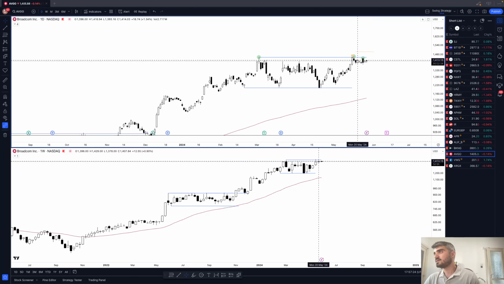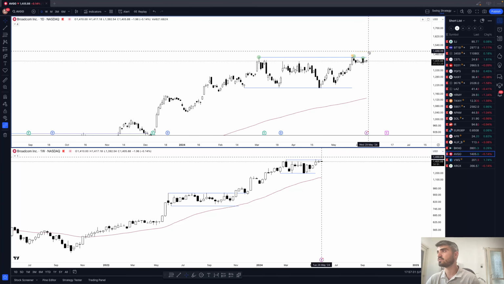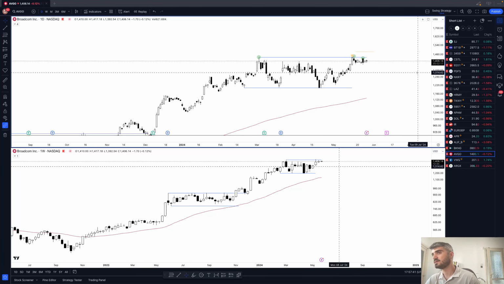We can see that the following price action is quite weak. We don't have the clear, strong breakout, full body bullish bar, that is confirming the breakout in a sense.